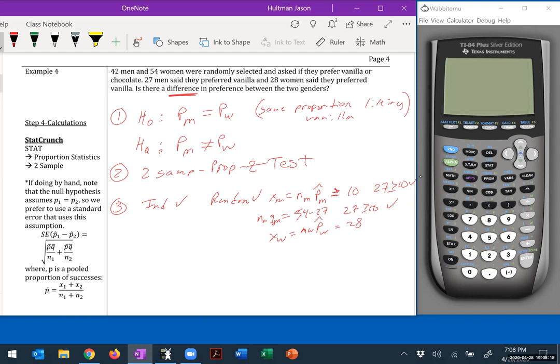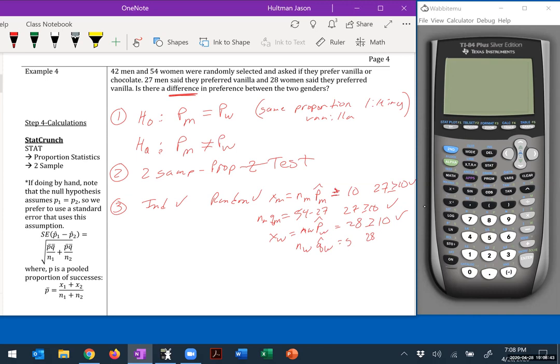So 28, which is greater than or equal to 10, so that checks. And then let's do the n women times q hat women, which is just the number of women who did not like vanilla. So that would just be 54 minus 28.